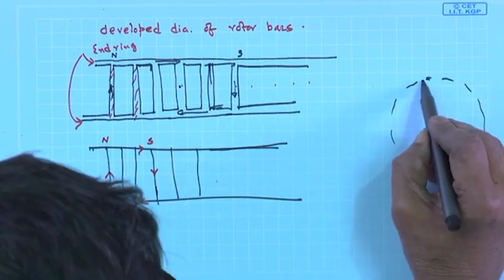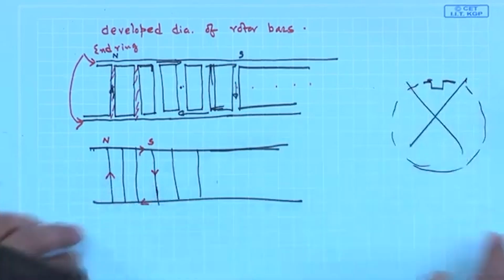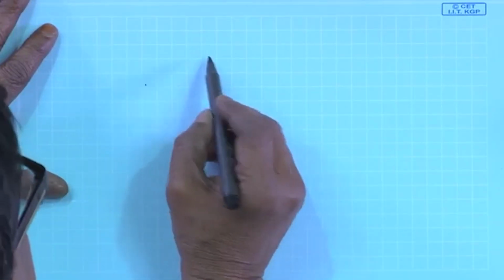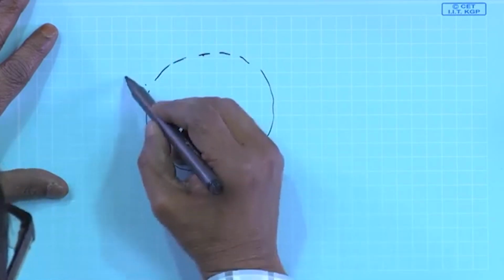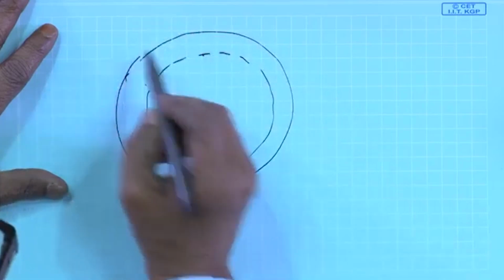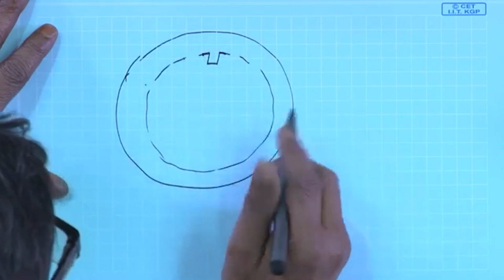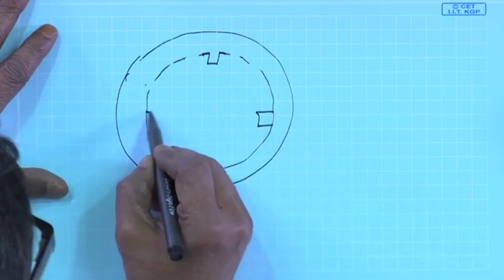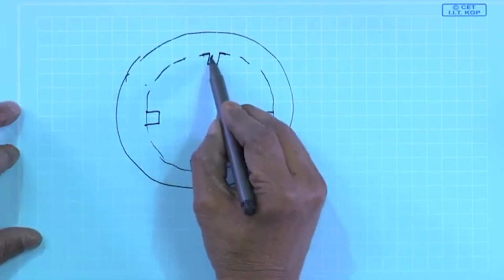Suppose you have 4 slots, I mean the stator I should draw. So, it will be like this. Suppose you have a slot here, a slot there, a slot there, a slot there for say R phase, and these are the coils.